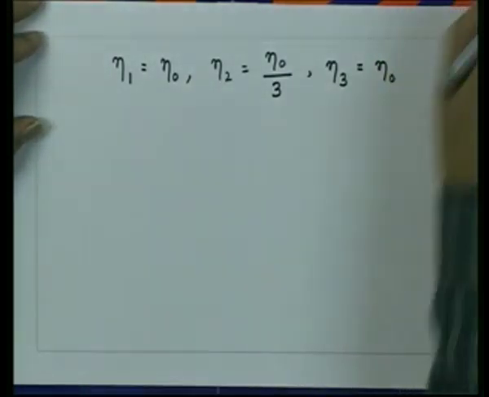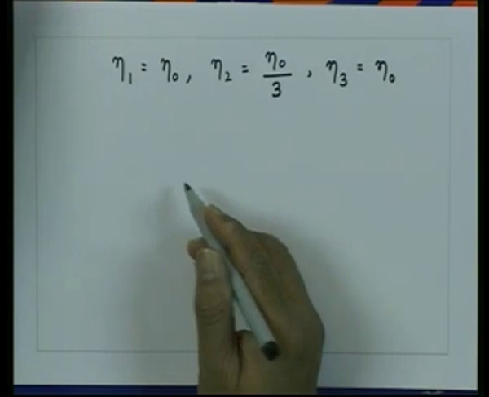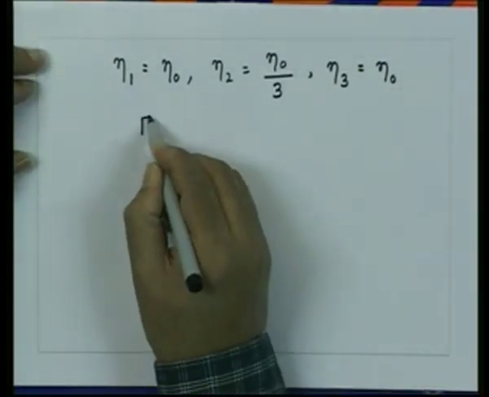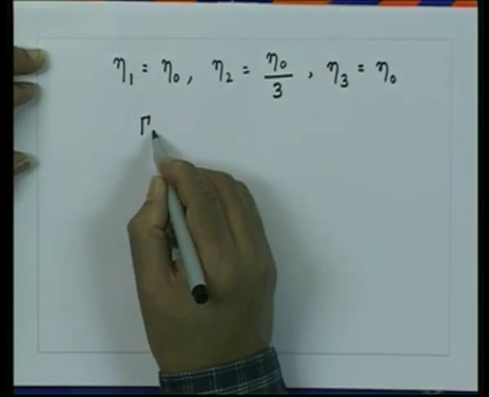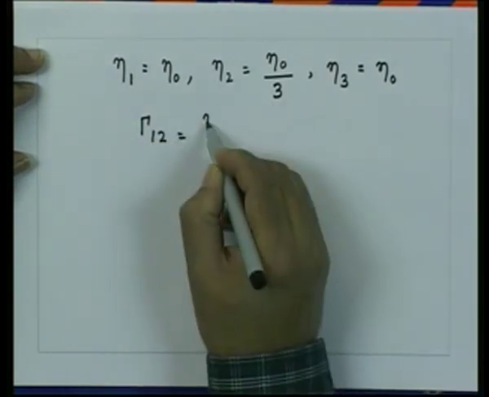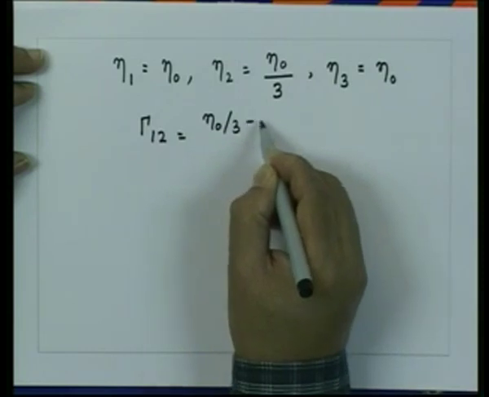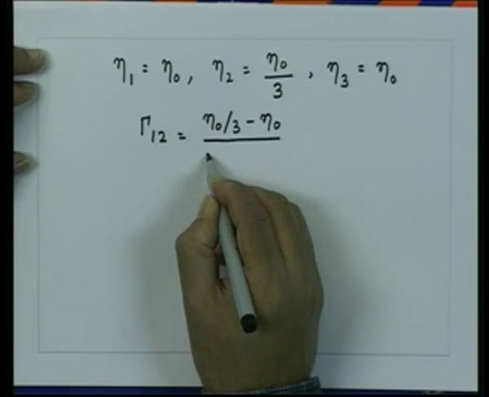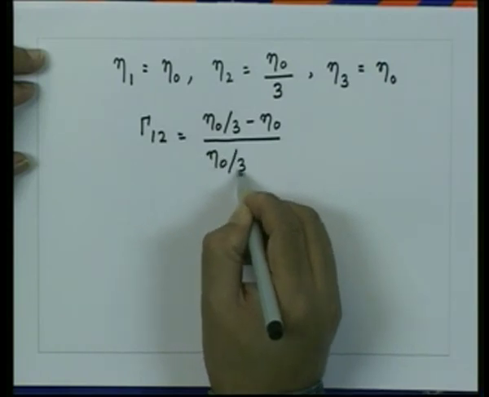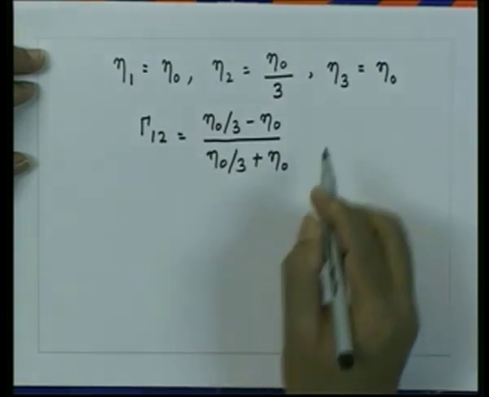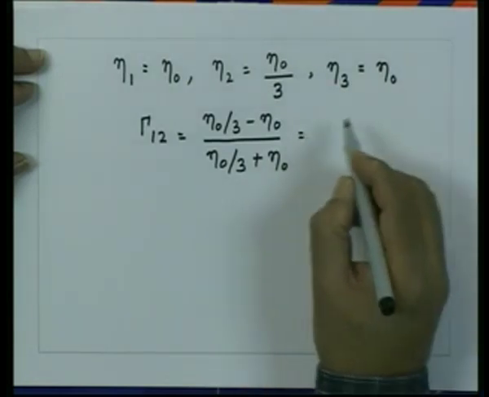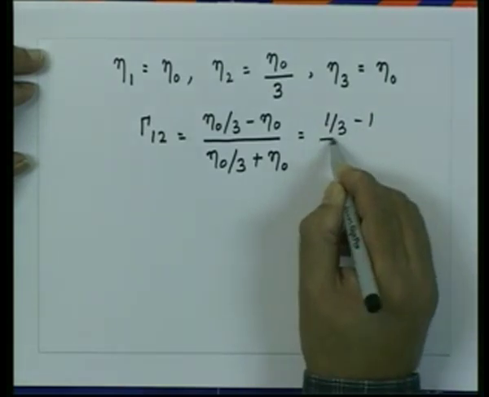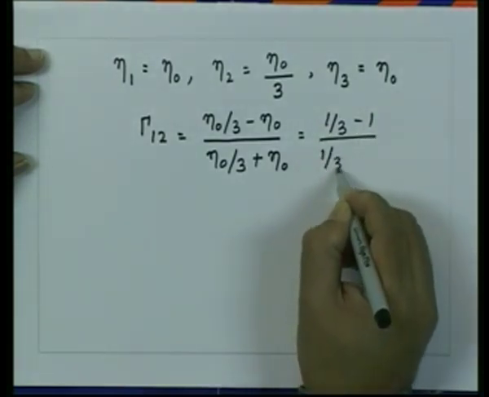So, from here we can get essentially these quantities, which is gamma 1 2, which is eta 0 by 3 minus eta 0 upon eta 0 by 3 plus eta 0. So, that is equal to 1 upon 3 minus 1 upon 1 upon 3 plus 1.